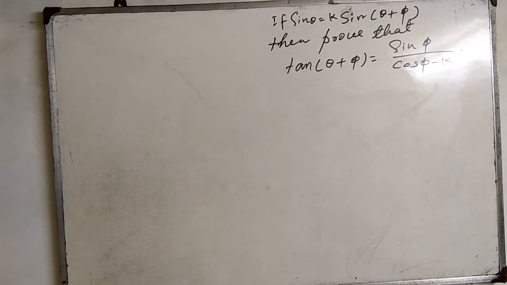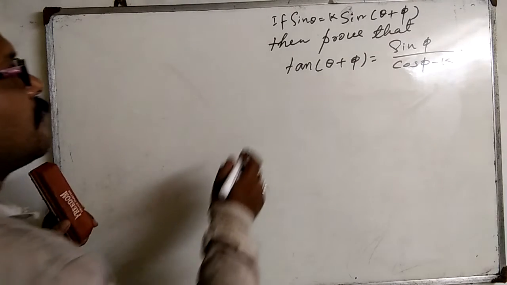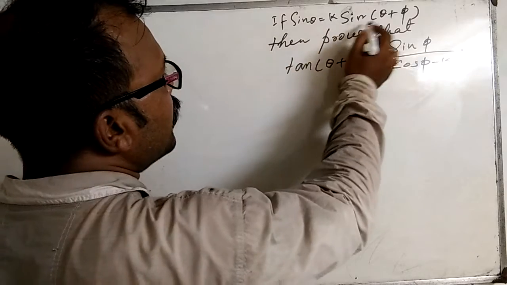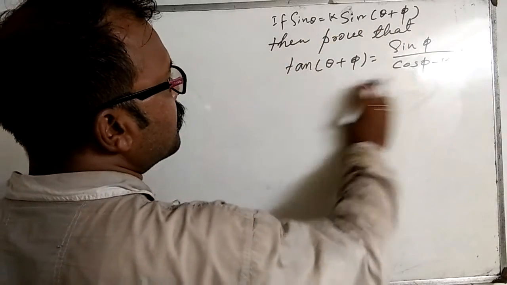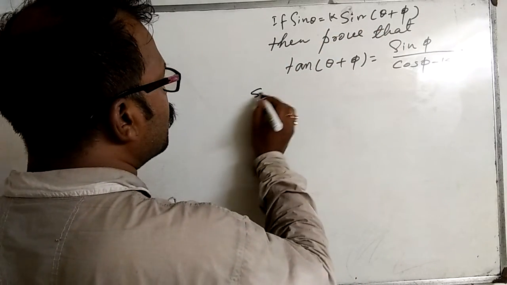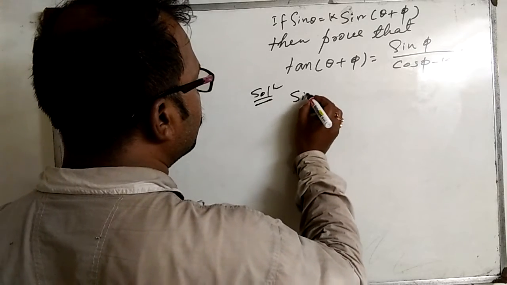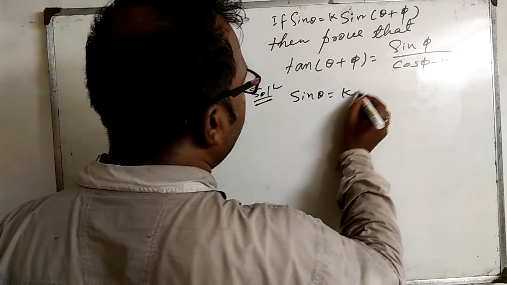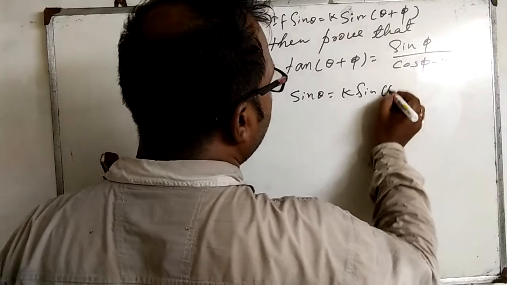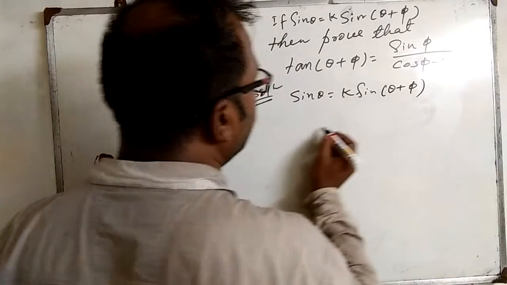This is a very important problem I now discuss. Sin theta equals to k into sin of theta plus phi, then prove that. So the solution is very interesting. Sin theta equals to k into sin of theta plus phi.